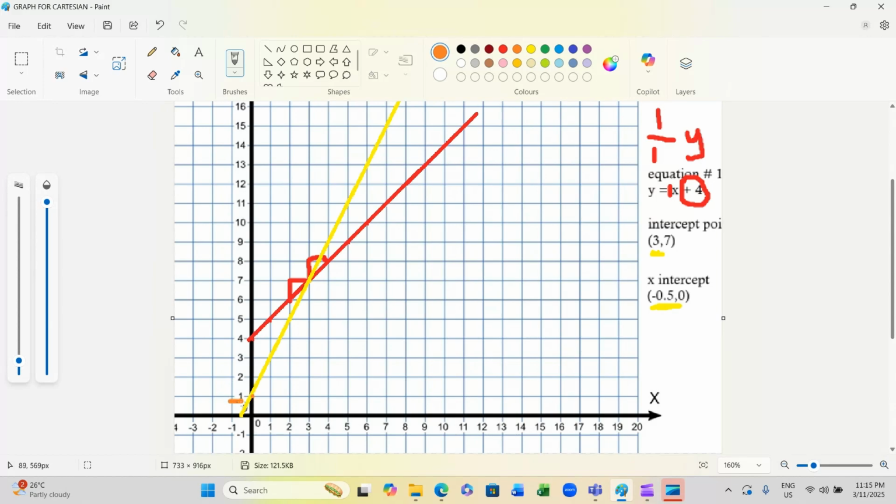So whatever this equation is going to be is going to be y equals something plus 1. This is important to figure out the gradient, the 0.5, but it's not the y-intercept, is it? This is the y-intercept, and that's what comes at the back of the equation. So this equation is going to end with +1.